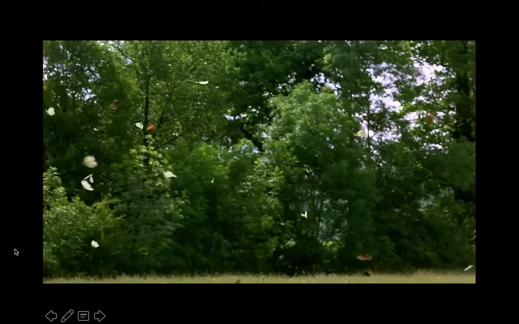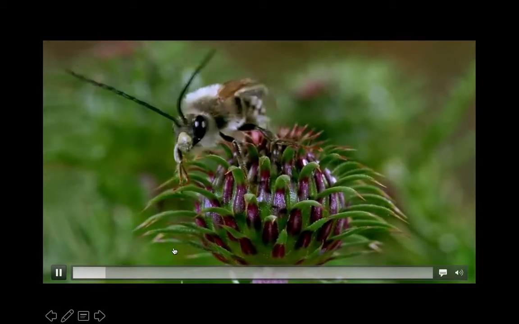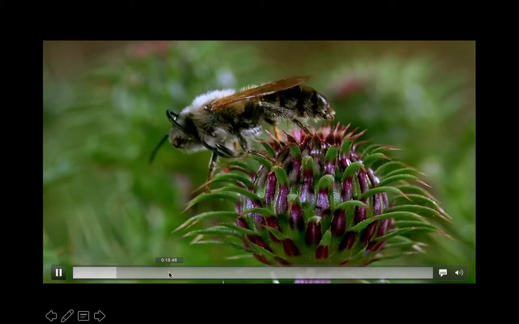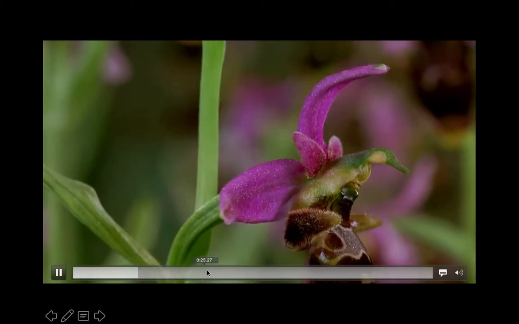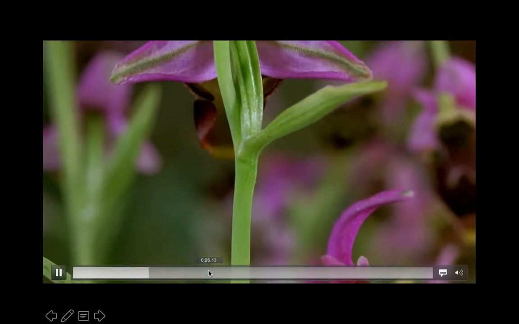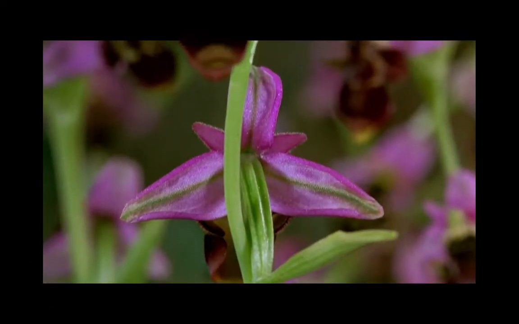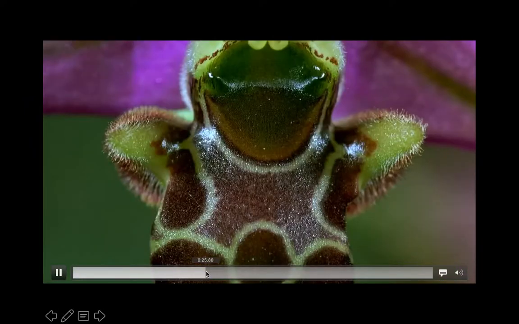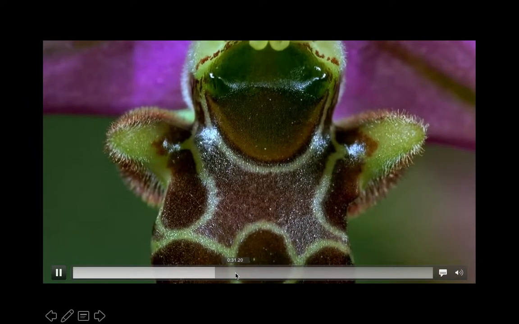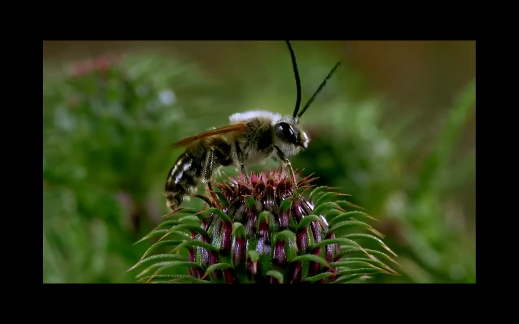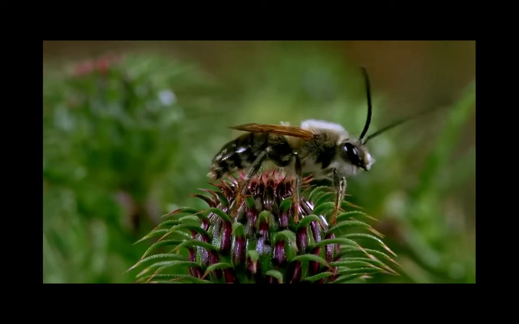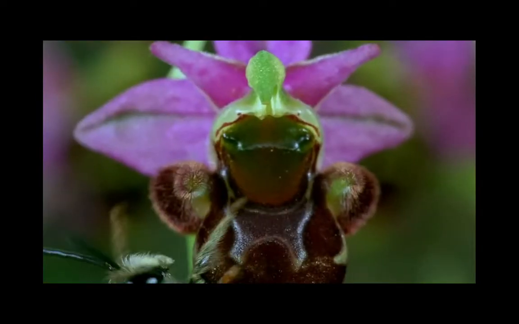And they have some similar colors and even some chemical substances similar to pheromones. So this male thinks that the flower is a female bee. So this male is going to try to mate with this flower.